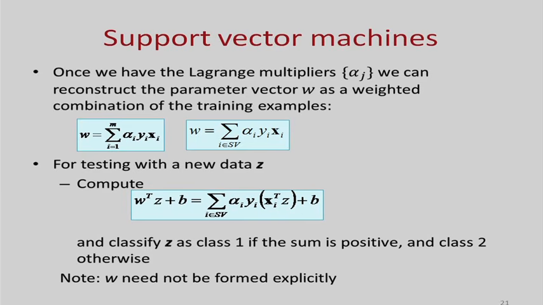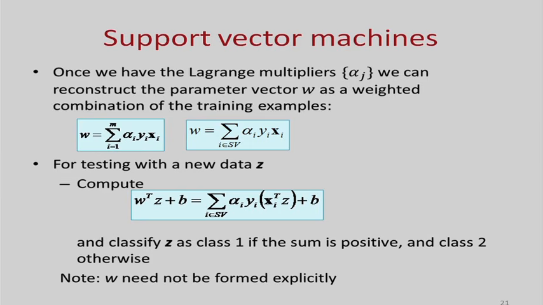So, once we solve and get the Lagrange multipliers alpha, we can reconstruct the parameter vectors. We can find W as sigma alpha I yi xi. In fact, we noted that alpha I is non-zero only for few of the examples.